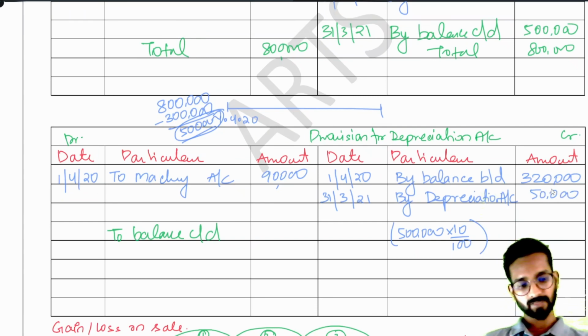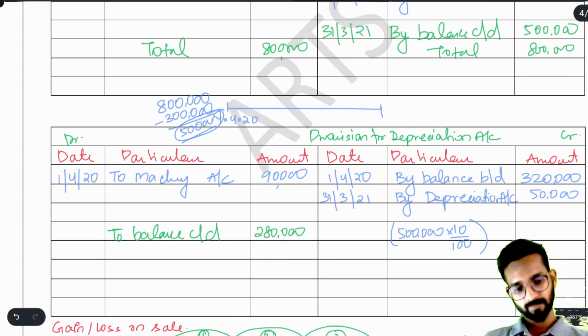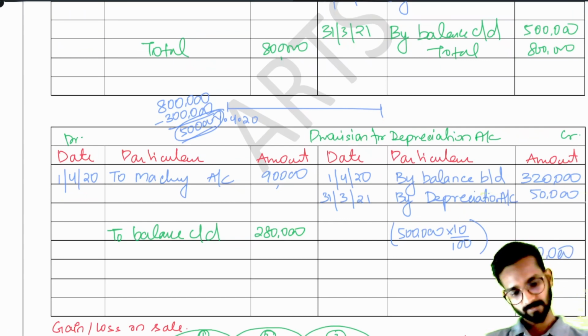And therefore it will become 3,70,000. So you can write in your to balance carried down, 320 plus 50 minus 90, 2,80,000. Simple. Then you will write the total here, 3,70,000.